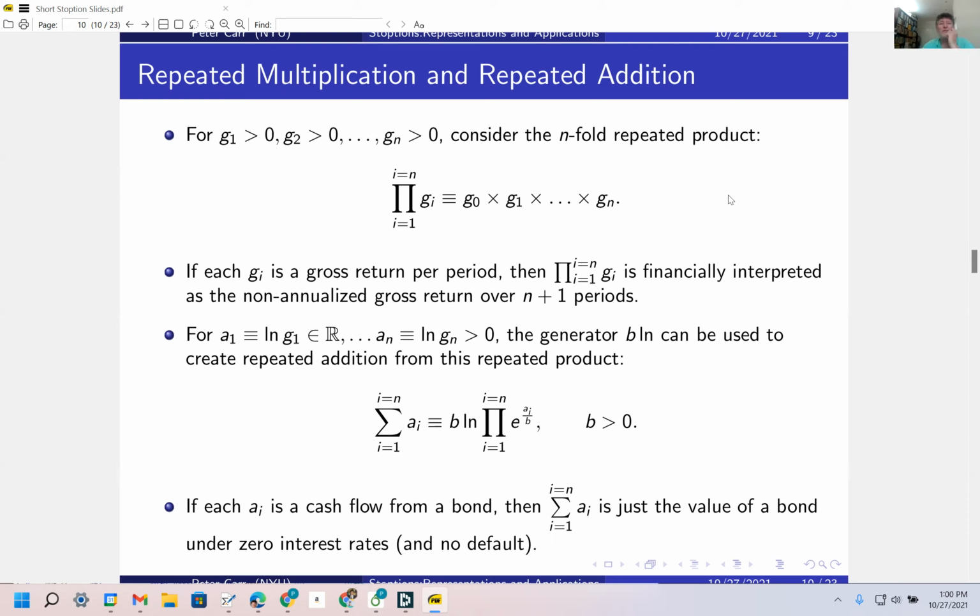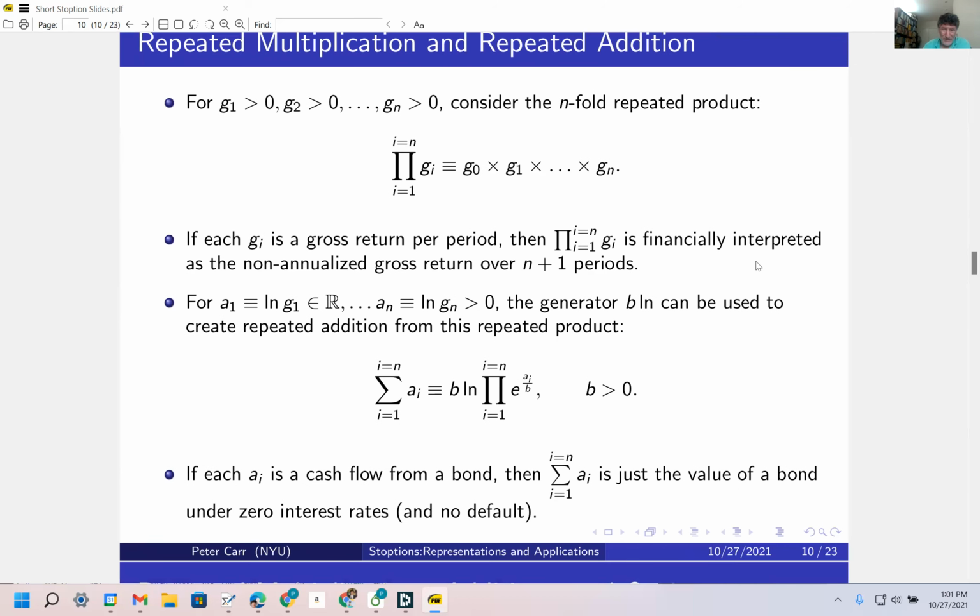One interpretation is that each g_i is the gross return in period i, so the random numbers, and the product is the gross return over the n periods. I'm not sure why I wrote n plus 1 periods. It should have been n periods, so there's a typo there.